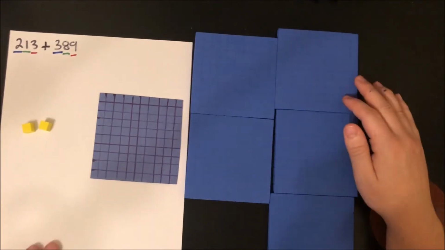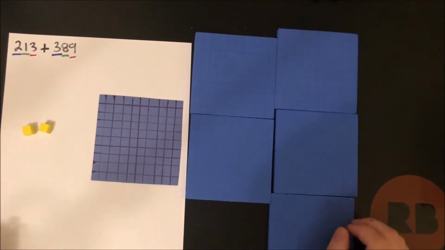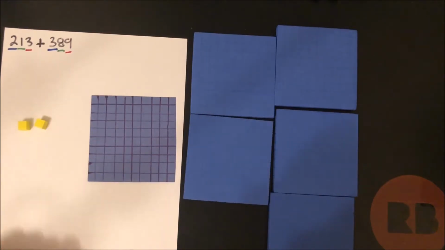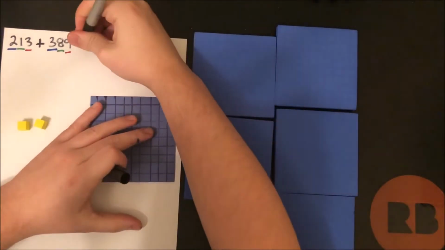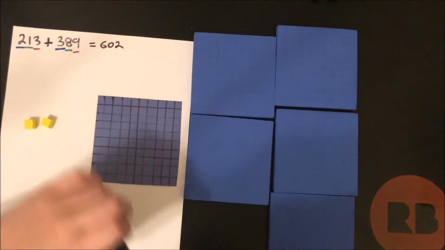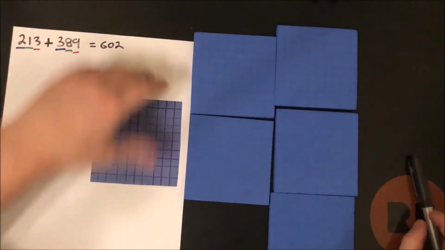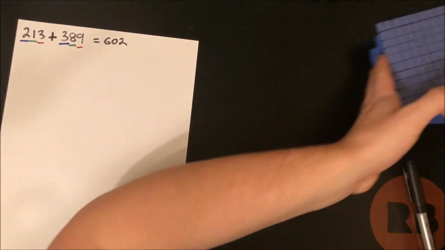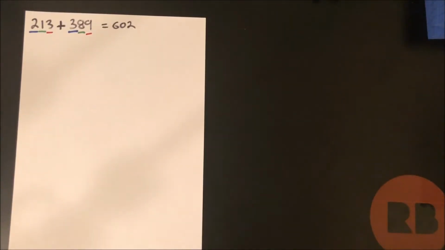And then from there, we just have to count what we have left. So we have 6 hundreds, 0 tens, and 2 ones, which leads us to 602.